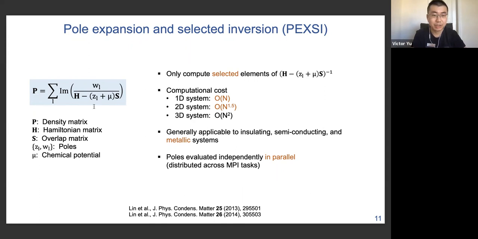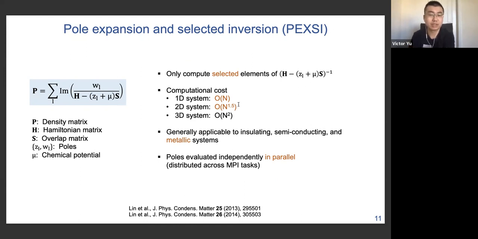there is an inversion of this H minus zS object, and typically a matrix inversion also scales cubically, but here PEXSI only computes the elements that would contribute to the electron density. Which means that only selected elements of this object are computed.